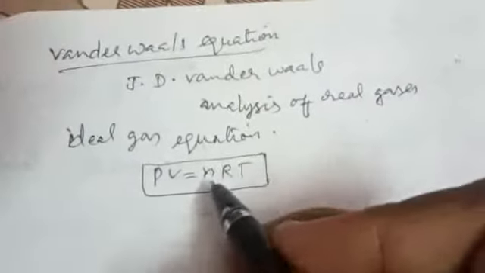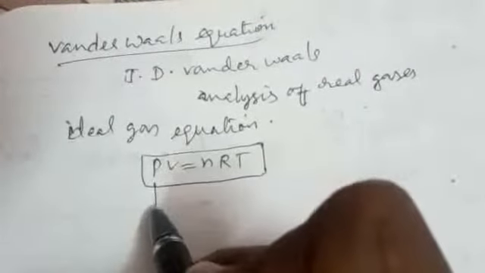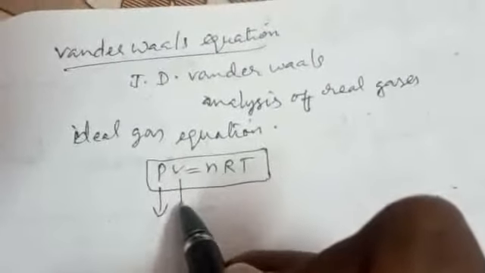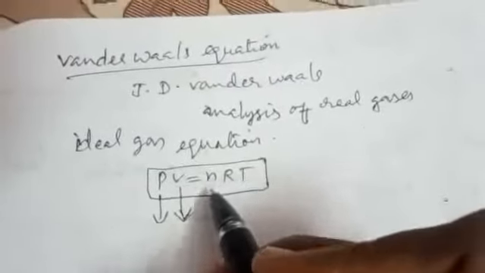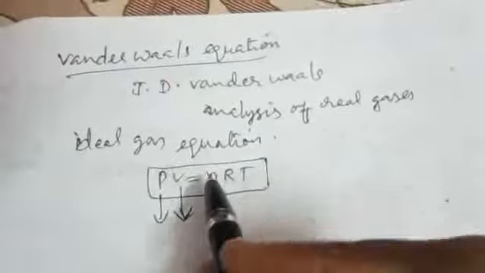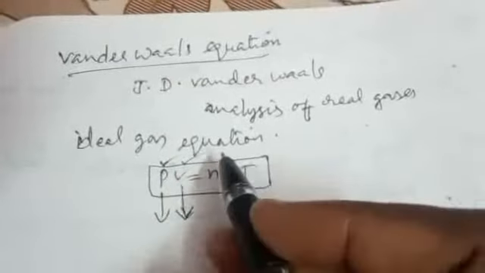That equation needs corrections for two things: the first one is the pressure correction, the second one is the volume correction. The van der Waals equation is derived from the ideal gas equation with these two corrections.